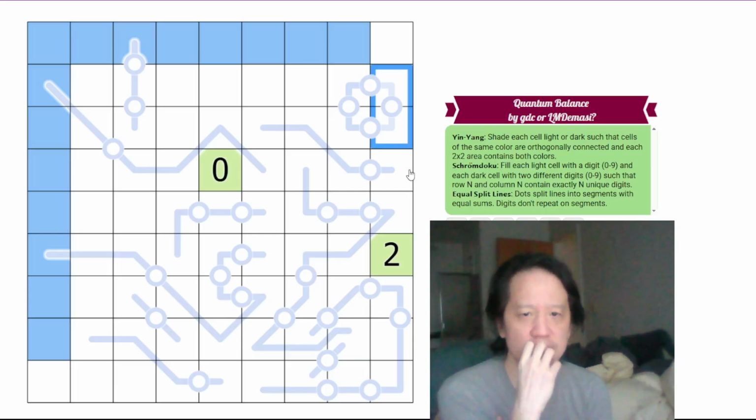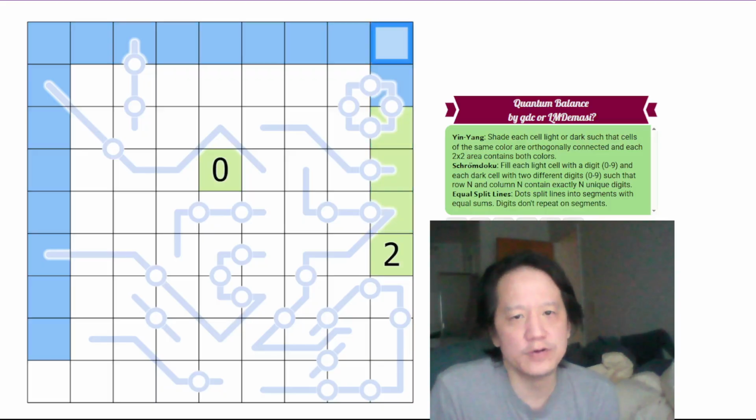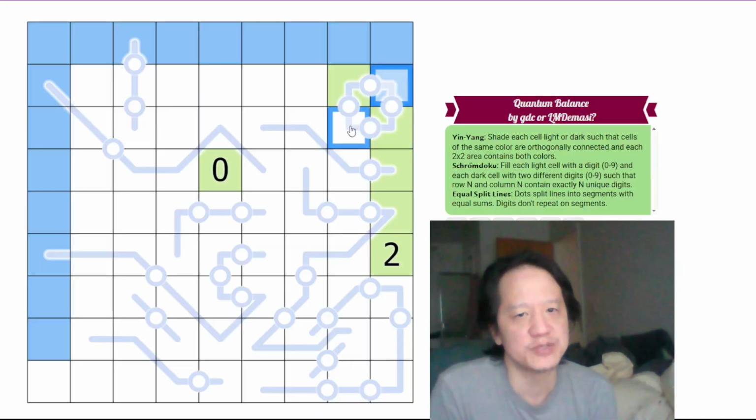This is funky. So the problem I'm running into, okay, is if you have 2 shaded cells that are diagonally opposite of each other, you cannot have the opposite color here. Obviously, you can't have the same color here, because then that would be a 2x2 area with just one shading.